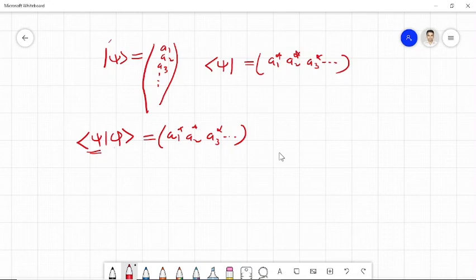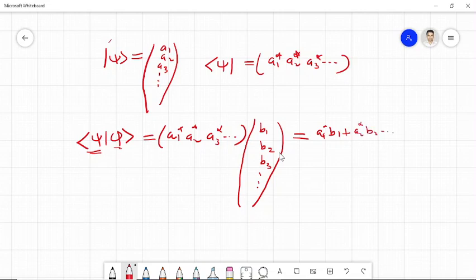Then ket phi is a column matrix b1, b2, b3 and so on. Okay, row by column, when we multiply, we get a1 star b1 plus a2 star b2 and so on.